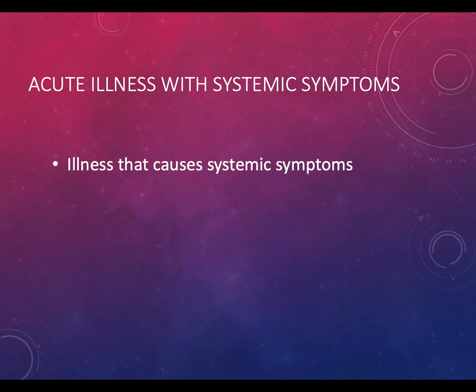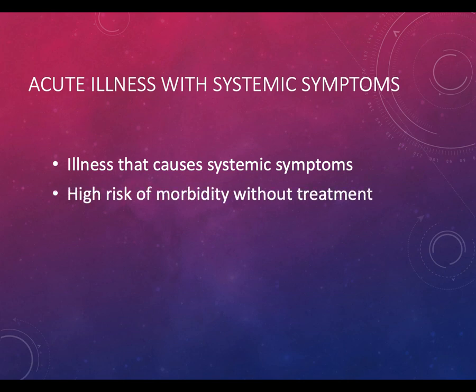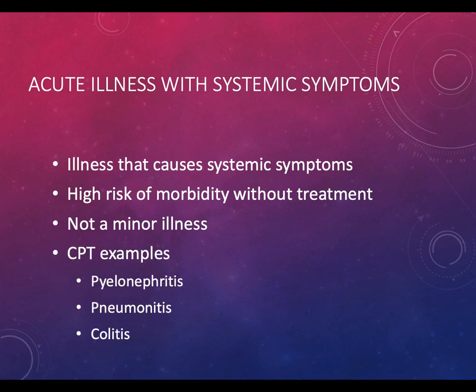I'll get to 99215 later, but for 99214, an acute illness with systemic symptoms has systemic symptoms such as low energy, poor sleeping, or decreased appetite, and a high risk of morbidity without treatment. This does not include systemic symptoms resulting from a minor illness. CPT examples are pyelonephritis, pneumonitis, and colitis.